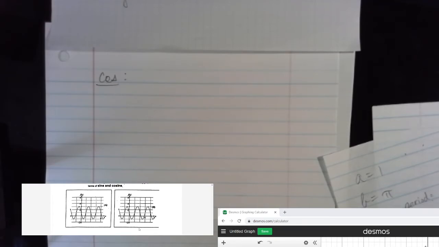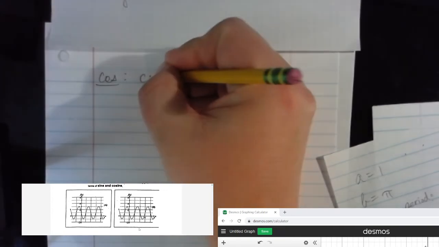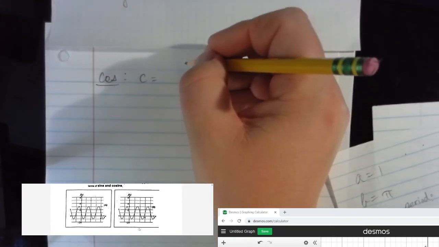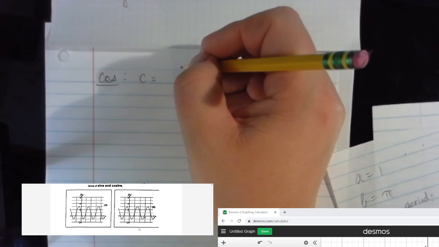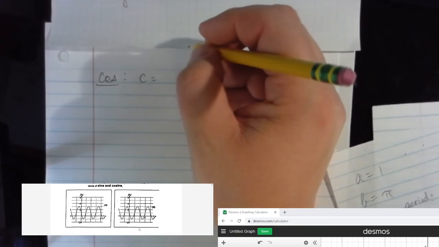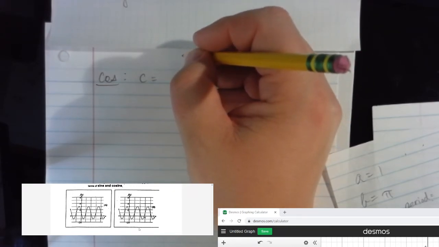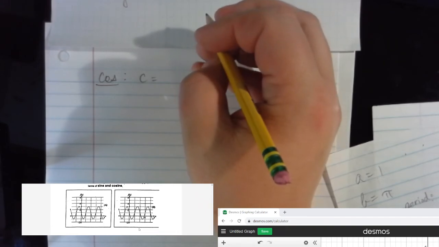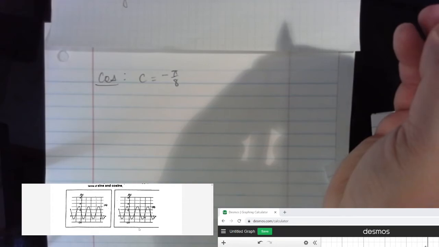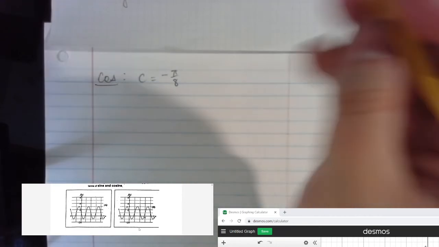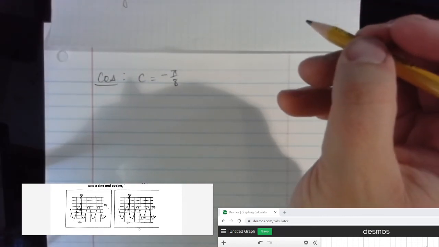So I'm going to pick the peak just to the left of the y-axis as my starting point. So that means c is a half of a quarter pi. So that's actually going to be minus 1/8 pi. So minus pi by 8. Okay, so that's the c value I'm going to start with.